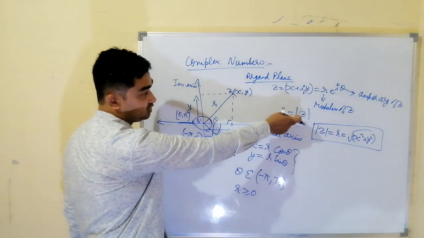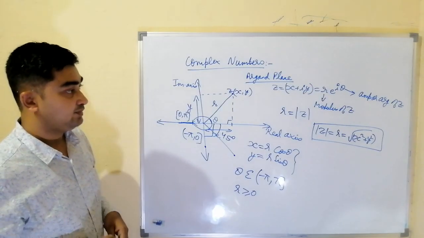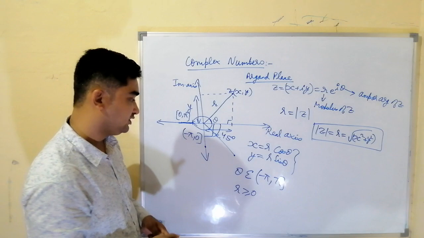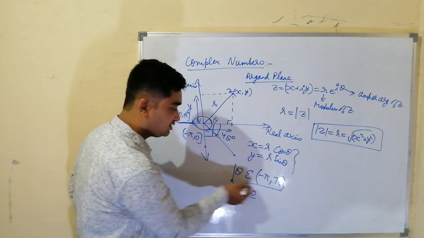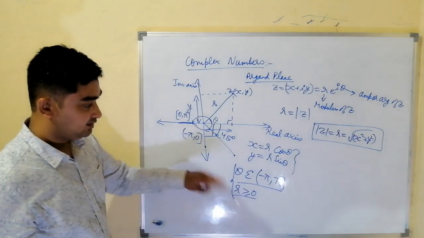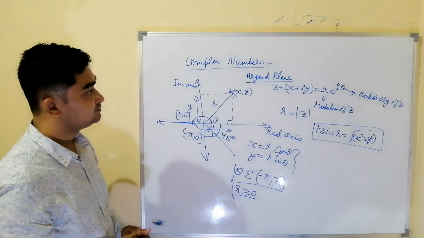What is r? Mod of z, that is modulus or magnitude of z, which can never be negative. So these things we have to remember: r is never negative, and theta is in the principal range. Writing theta in another form is also not wrong, but that is not standard.